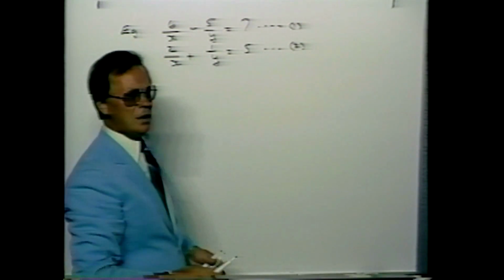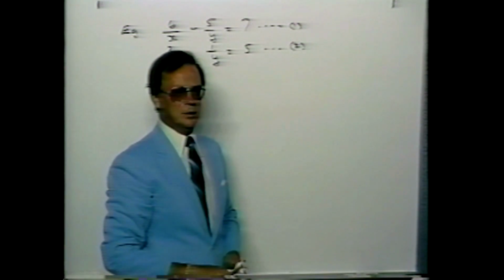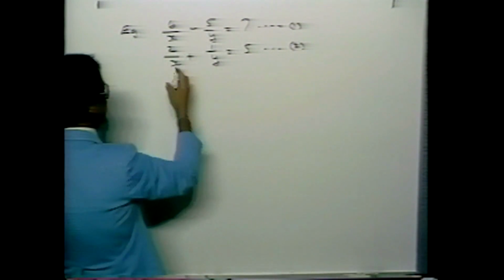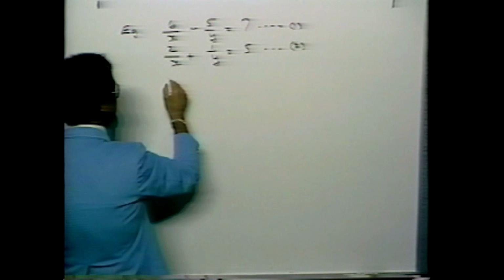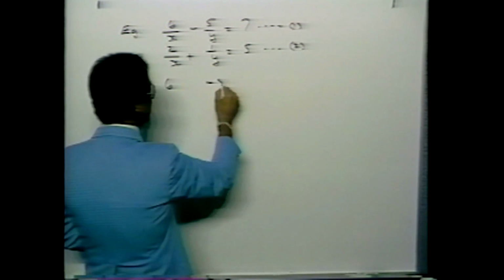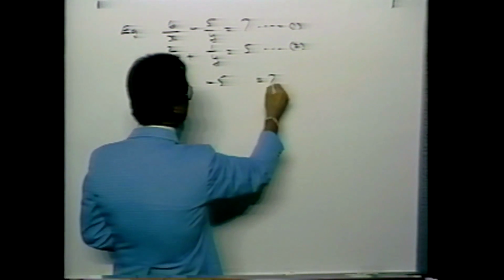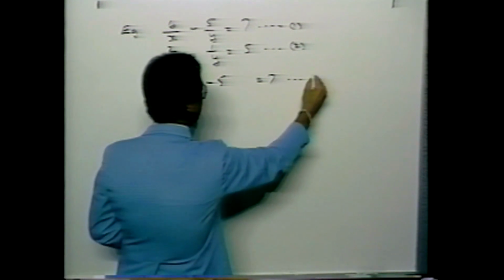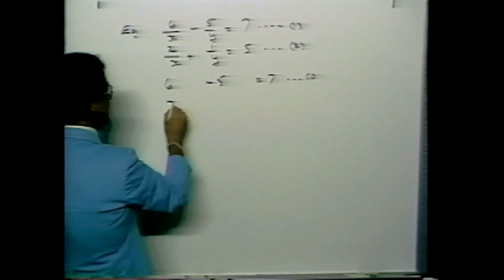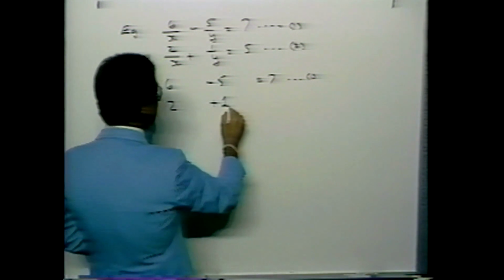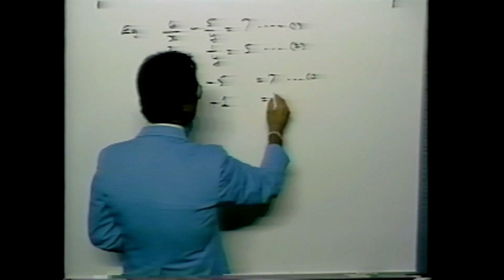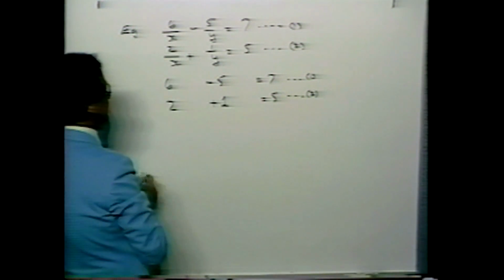Consequently, these are not linear variables. Let's look at the nonlinear variables a little differently. I'll just put 6 minus 5 equals 7 for now, 2 plus 1 equals 5, and write the variables in different colors.